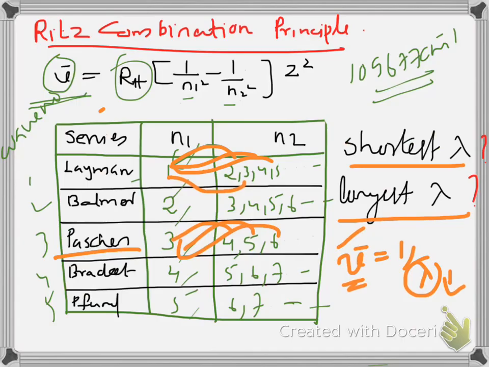This kind of questions may be asked for Balmer, which is the shortest wavelength. Shortest wavelength means highest energy, that means infinity to 2. Longest wavelength if asked, then it is 3 to 2.